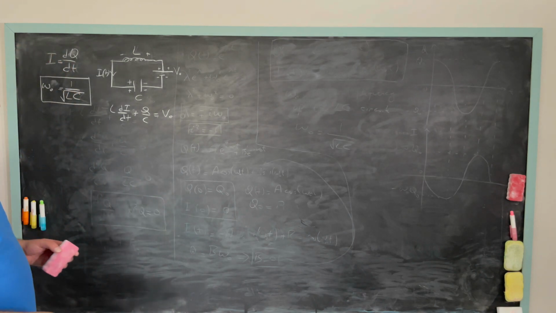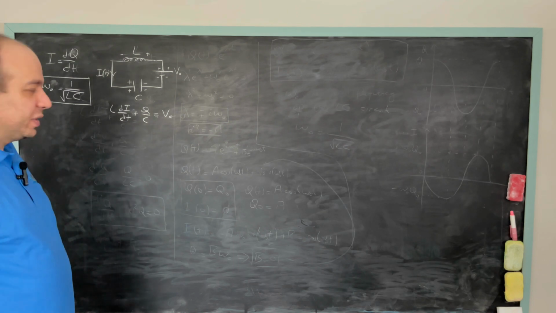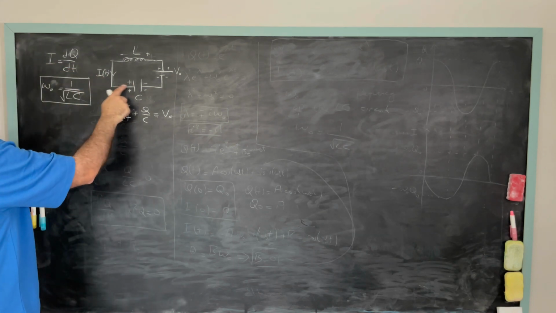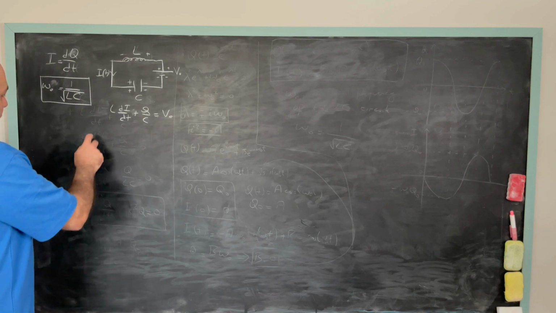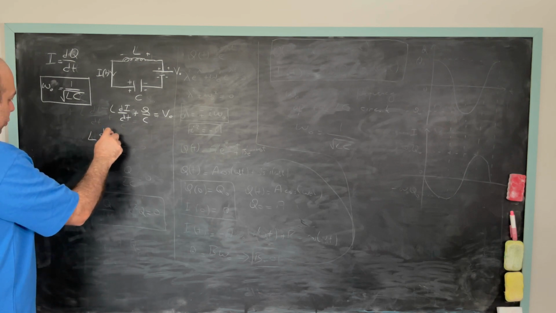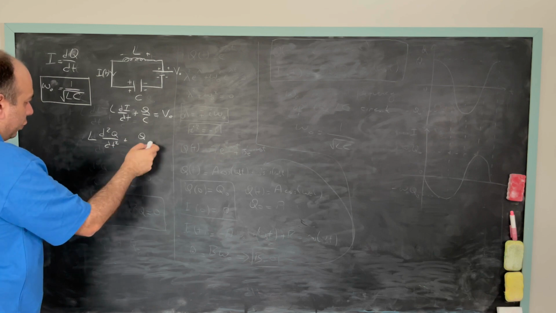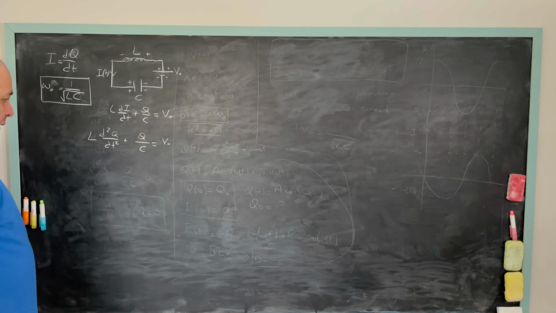So this is similar to the equation I solved before, except the fact that I have a positive term here. So as usual, we know that the current is feeding the positive terminal of the capacitor, so I can simply call I as dq over dt. So this becomes L d square q over dt square plus q over C, which is equal to V naught.